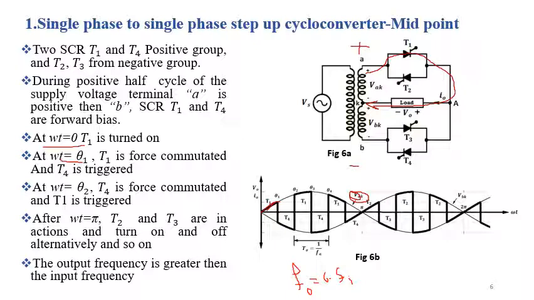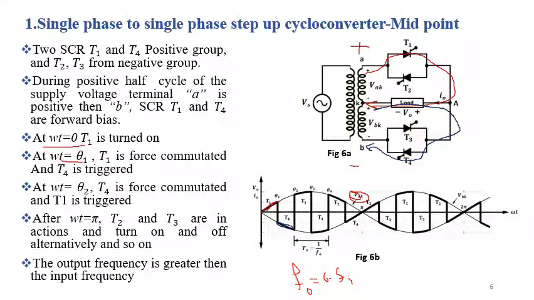As we discussed earlier, point K is more positive with respect to point B, so the load current flows like this, which is opposite to the current direction shown in the circuit, and we are getting the output voltage like this.